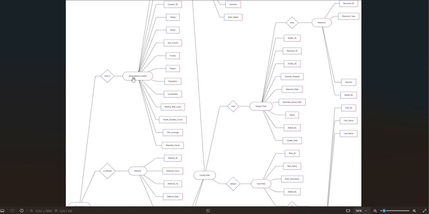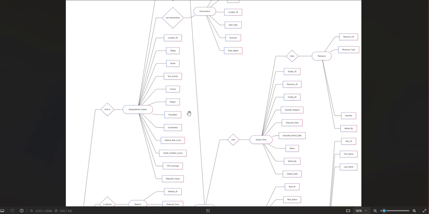Then this system also caters for resource tracking. So we can talk about the supply chain. This system tracks every resource, from medication to, for example, mosquito nets or other hospital supplies. Each facility can monitor their supplies and the system records when shipments are sent and received.